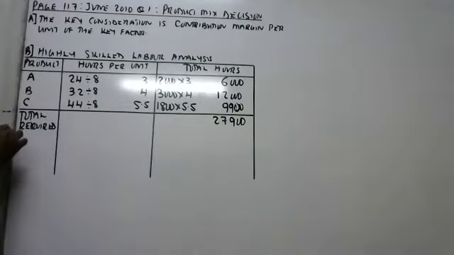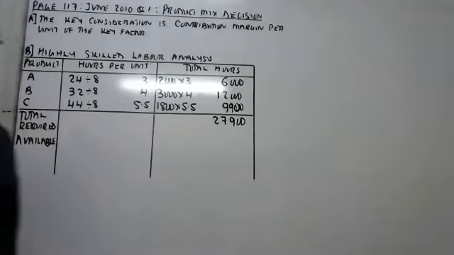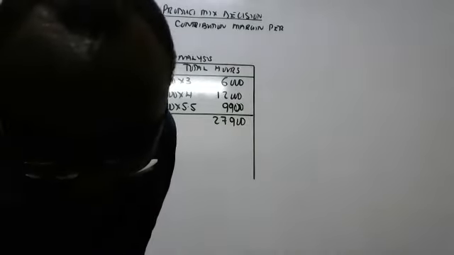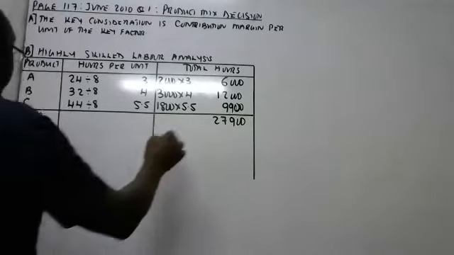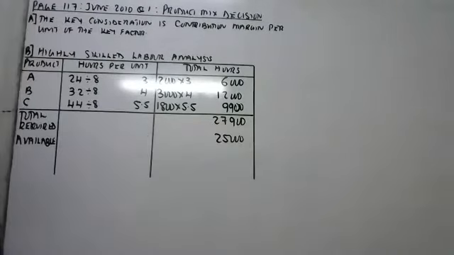Now this one you compare with what is available. What is available according to information 1 is 25,000.